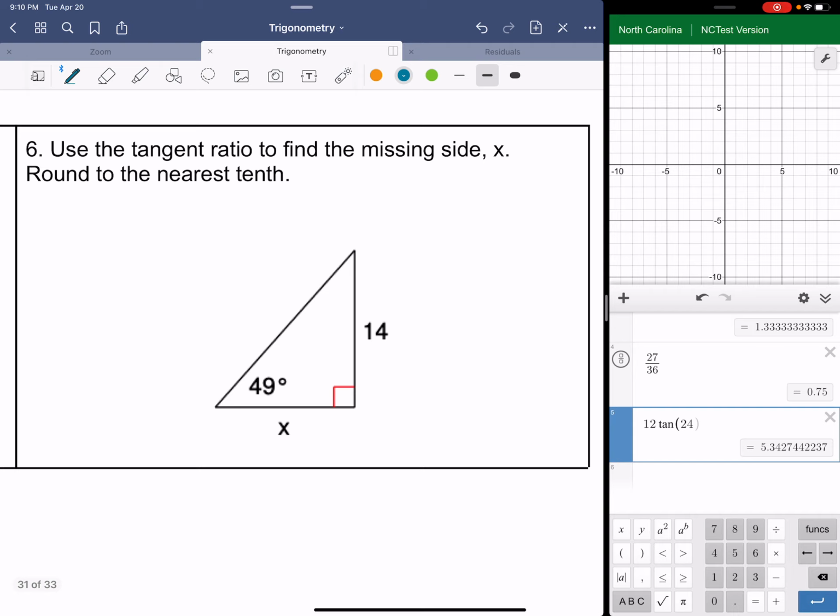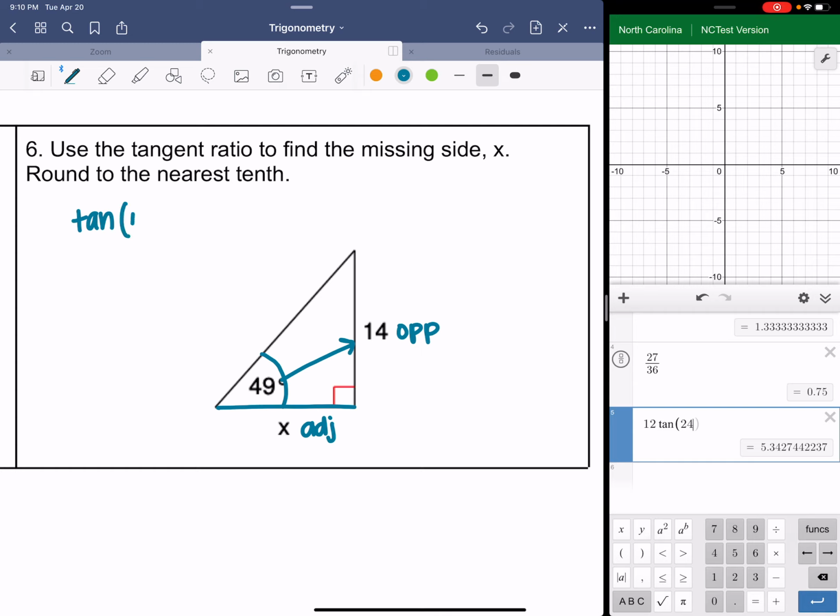And finally, number 6, we're going to use the tangent to find the missing side, x. So from the angle 49, we have the opposite side and we have the adjacent side. So immediately opposite adjacent tells us to use the tangent ratio.